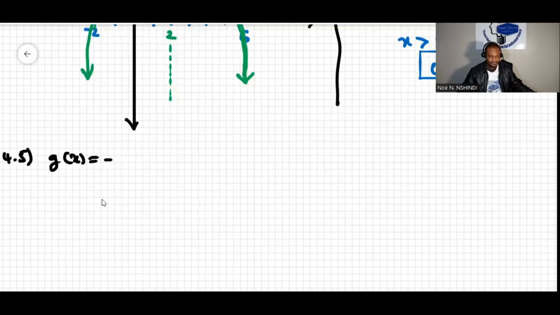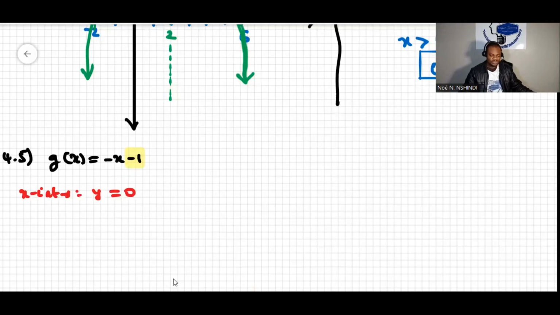So we already know that the negative 1 here is the y-intercept. Then we can find the x-intercept if we set y equal to 0.